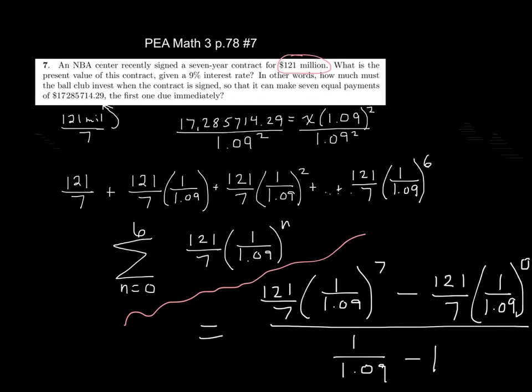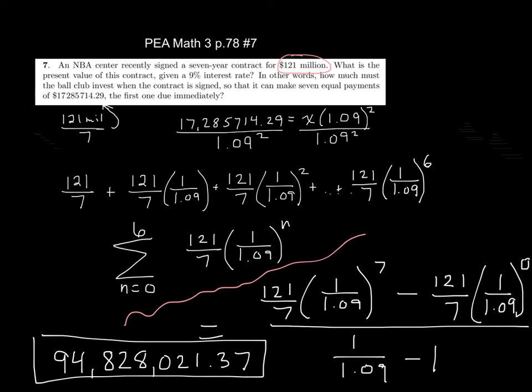Okay, did anybody have an answer for that yet? 94,828,021. Hold on, 94,828,000? Yeah, 21. And then 3137. Okay, so when you evaluate either this or that, it should give the same answer of 94 million.